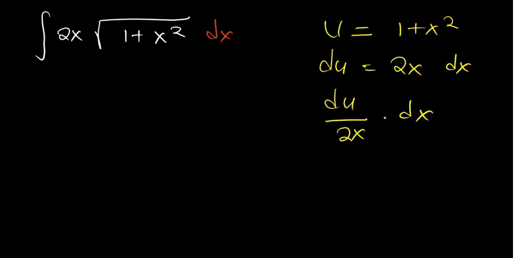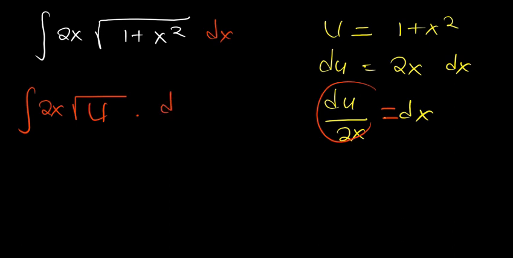We can proceed here. The integral of 2x, and then under the square root we have a u, and then for our dx we have du over 2x. So you can see that the 2x can divide out, right? So the integral of root of u du. What's next?